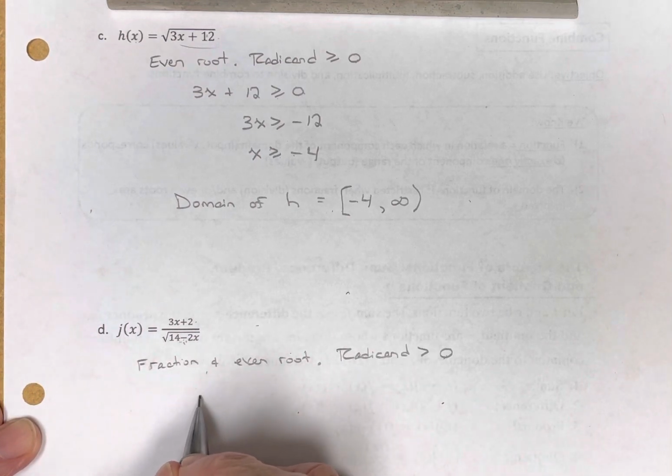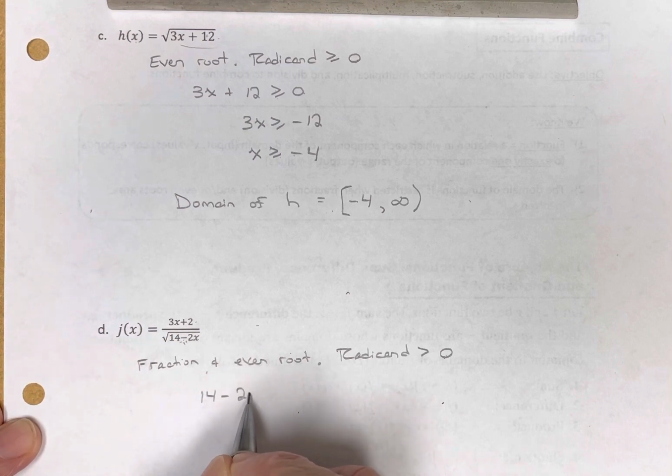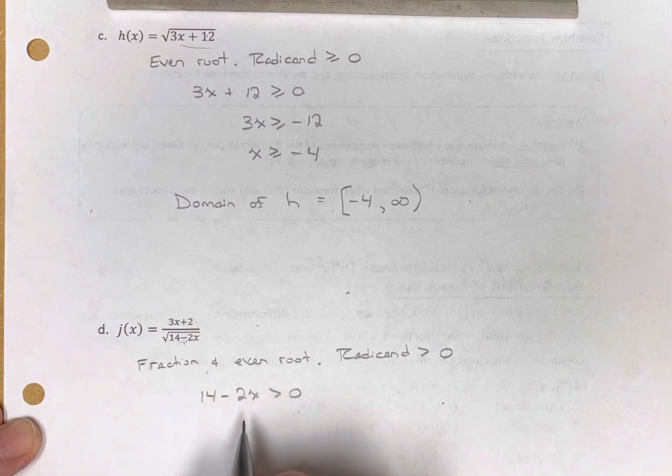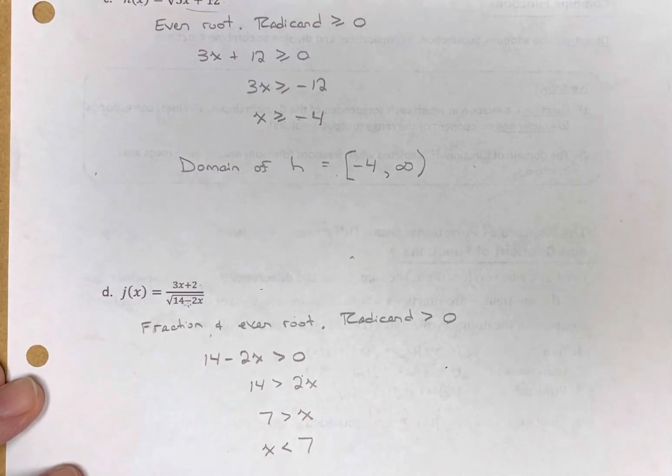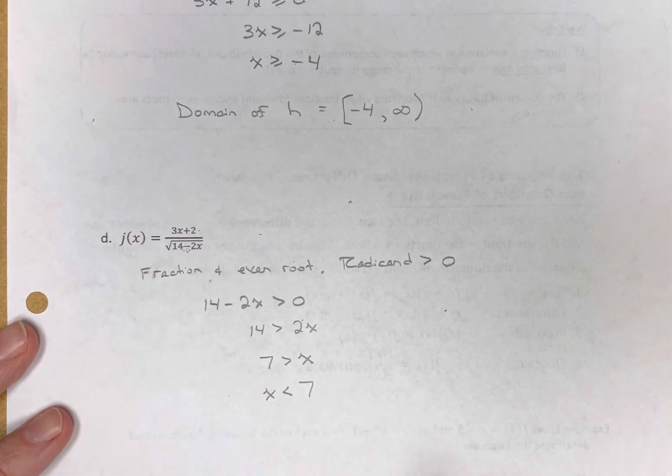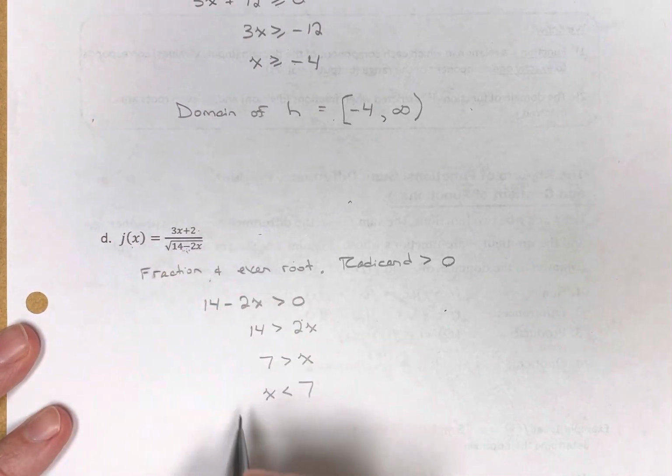So let's take our radicand, 14 minus 2x, and we want it to be greater than 0, can't be equal to. So this is 14 greater than 2x, divide both sides by 2, and I'm going to write it with the x term on the left, so x is less than 7. There is our domain in this case.